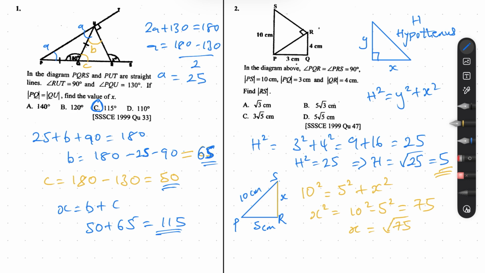We know that the square root of 75 is the same as the square root of 25 times 3, because 25 times 3 gives us 75, so it's still the same thing.